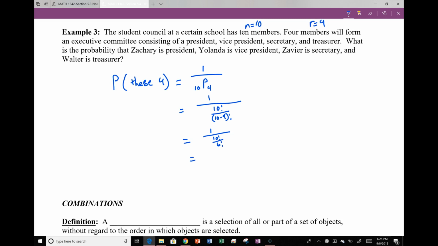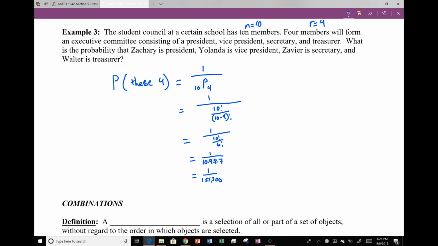Whenever I work out the 10 factorial over 6 factorial, that actually leaves me with 10 times 9 times 8 times 7. And so whenever I actually do that, it's going to leave me with 151,200.